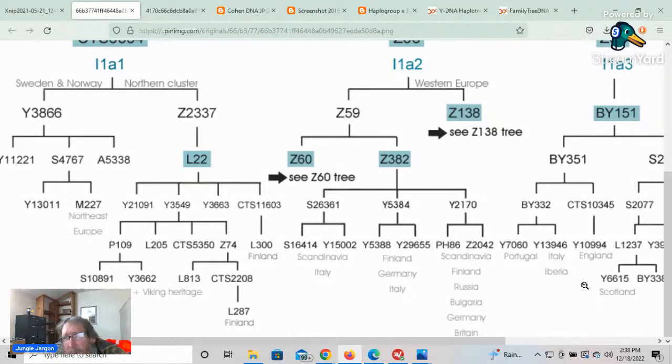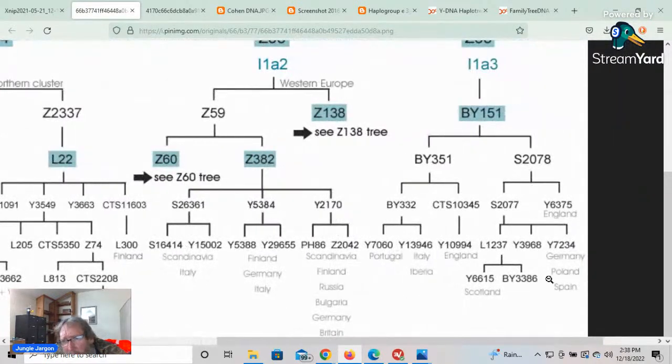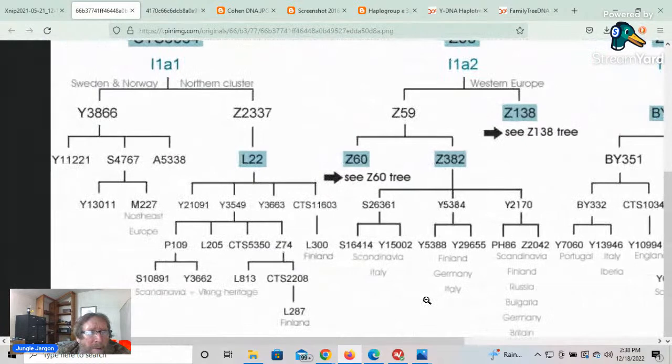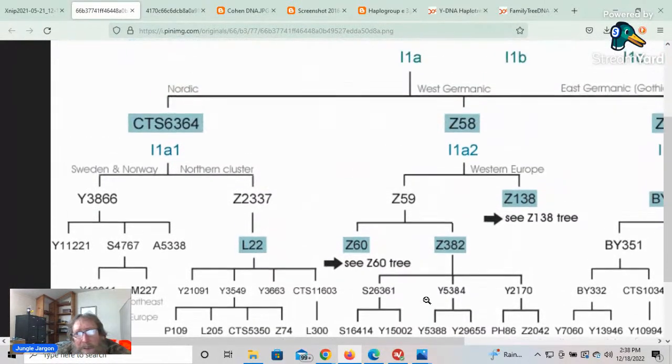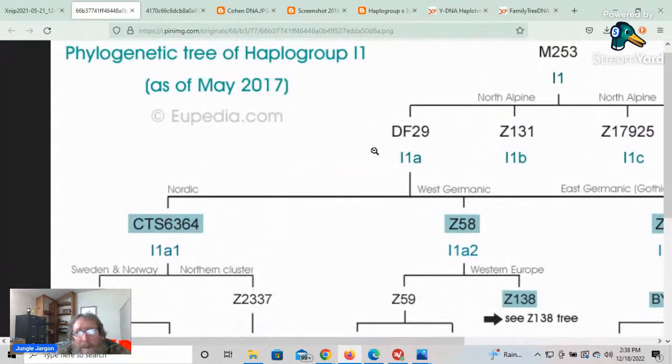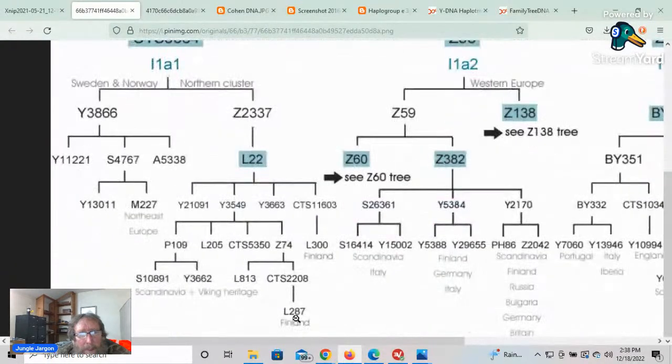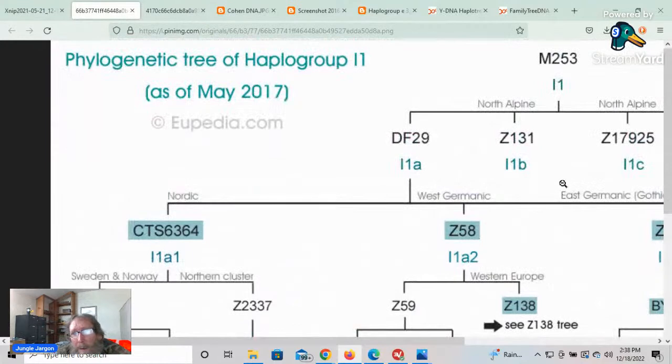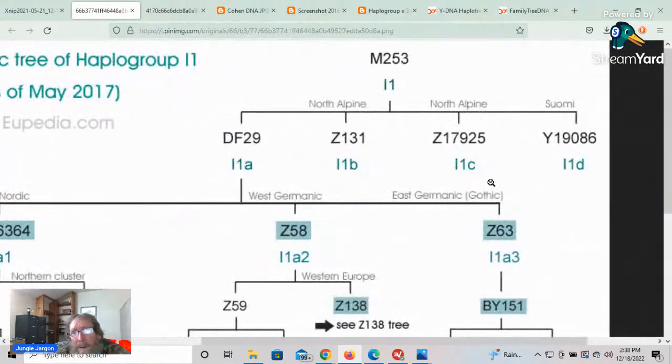Portugal, Italy, Scotland, Germany, Spain. It's all the same thing anyway, but just a different lineage. This is not my lineage. I'm not the lineage of the Vikings or the Nordics. Apparently, this is me right here, Northern Alpine from the Northern Alps. It's I1C.